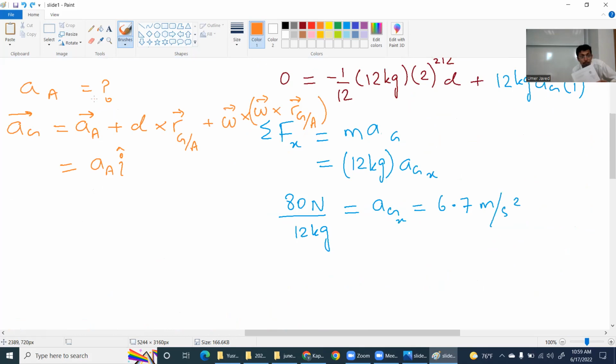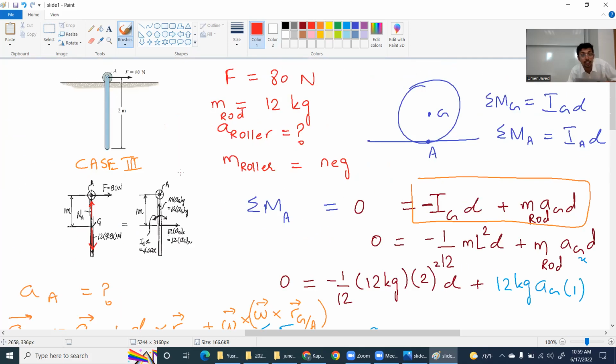Now finish the question. Please bear with me, I appreciate it. So a_G equals a_A plus alpha cross r. Okay, the bar is initially at rest. I'm sorry, I did not tell you that.